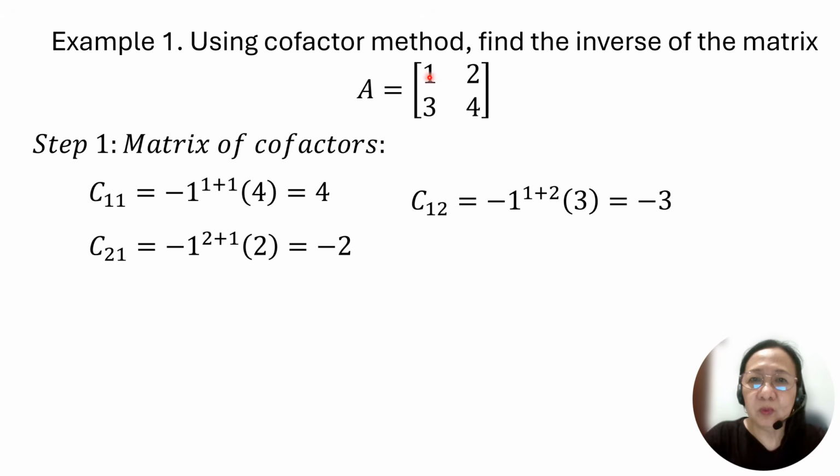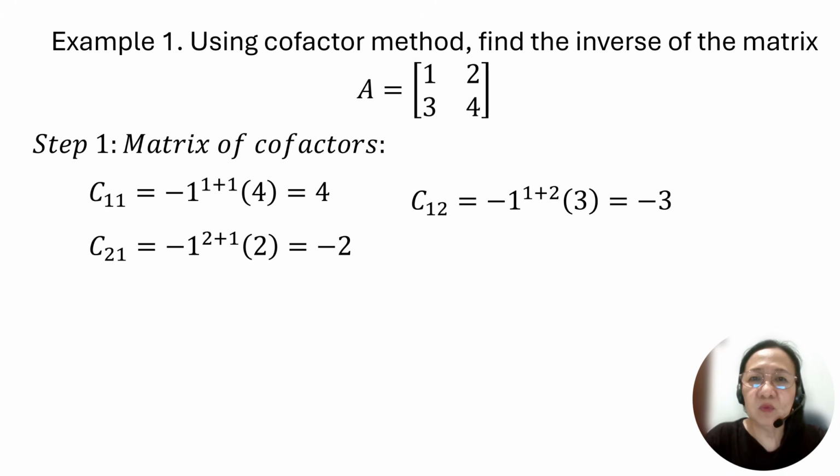And we're going to eliminate or slash the numbers where 3 is located, the column and row. What is left here is 2. Copy 2. To simplify, negative 1 is raised to 2 plus 1, which is 3, and 3 is an odd number. So negative 1 times 2, that's why we have here a negative 2.